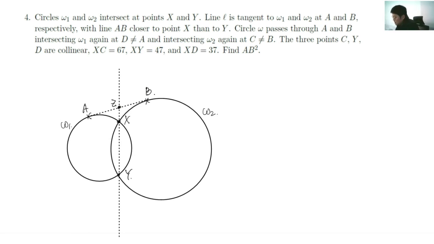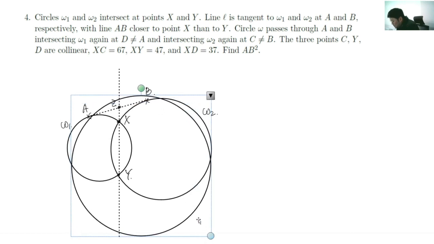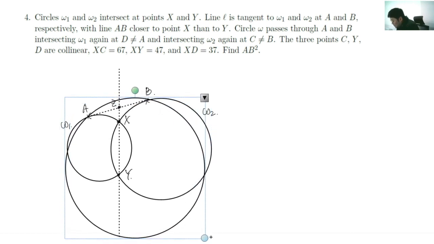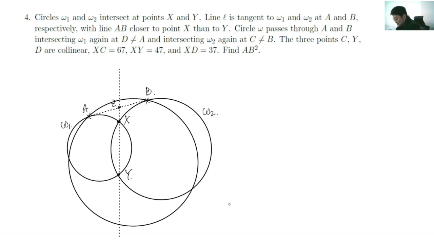So the question is, there's a circle omega passing through A and B, intersecting omega 1 at D and omega 2 at C, such that these are collinear.